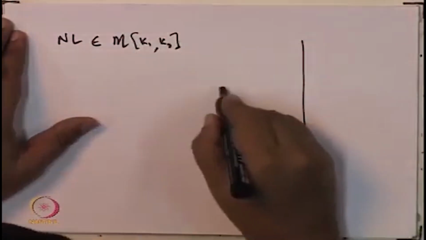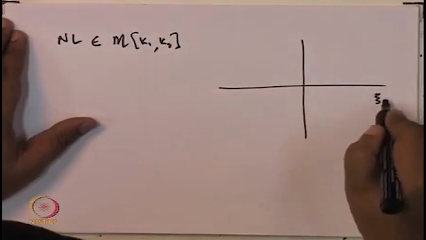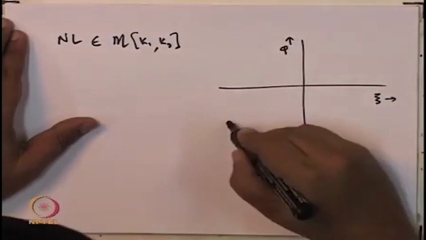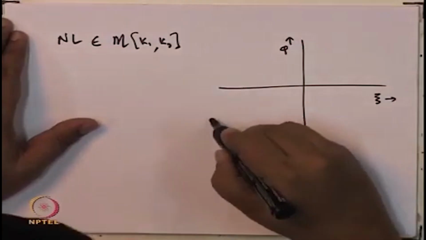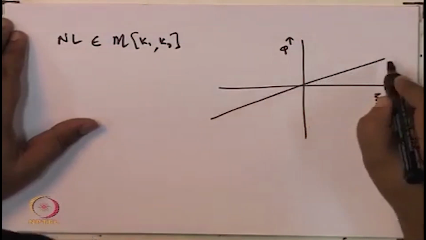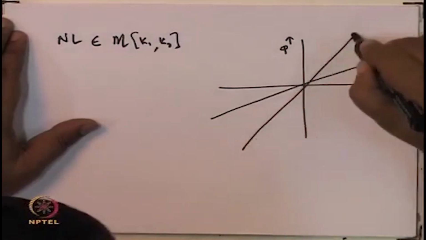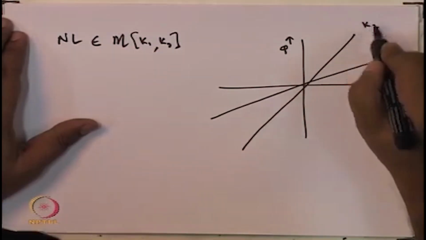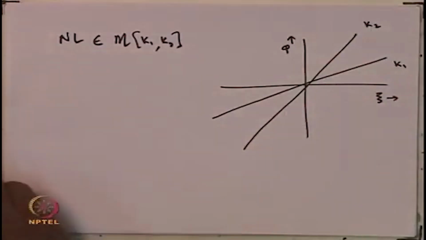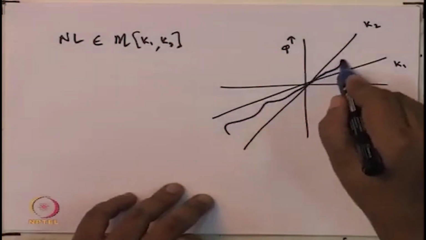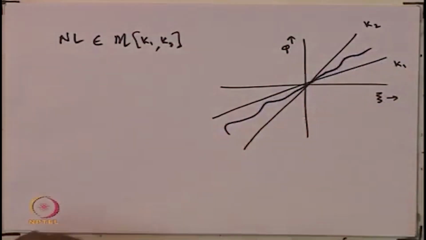Okay. So, what we mean by that is, if you think of psi as the input to the nonlinearity and phi as the output of the nonlinearity, there is this line with slope K1 and there is this other line with slope K2, and what we are saying is that the nonlinearity is such that it lies in the K1, K2 sector.